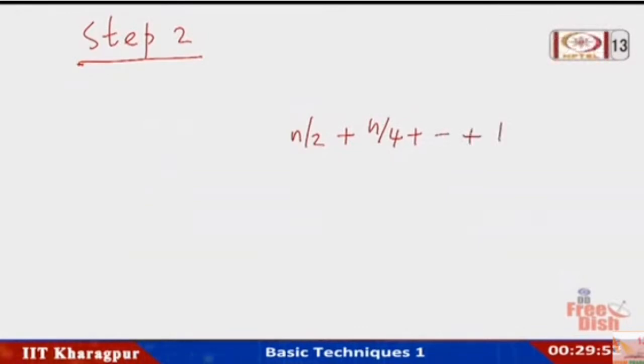Finally, we have a step containing just one operation. So this is order of n. So the cost of the entire second step is order of n, whereas the time taken by the second step is log n to the base 2.